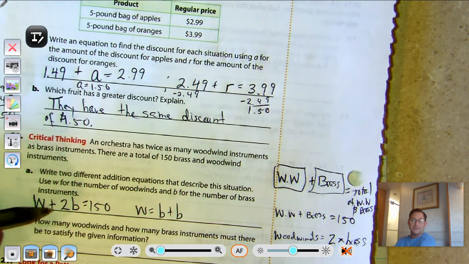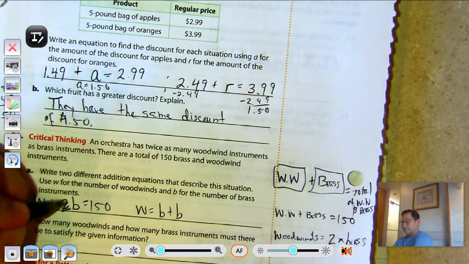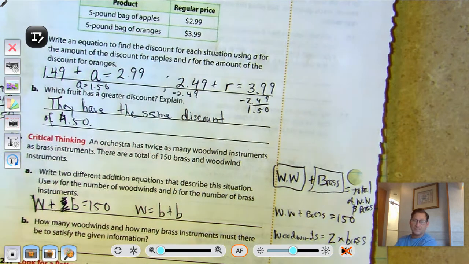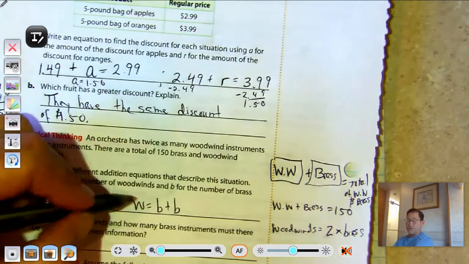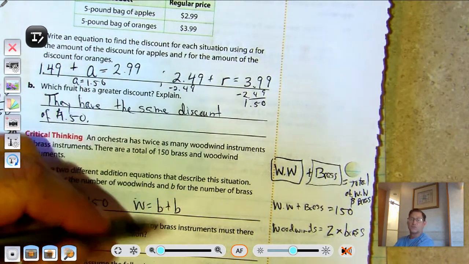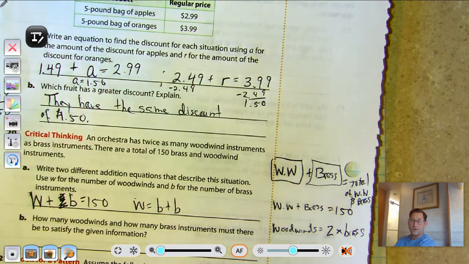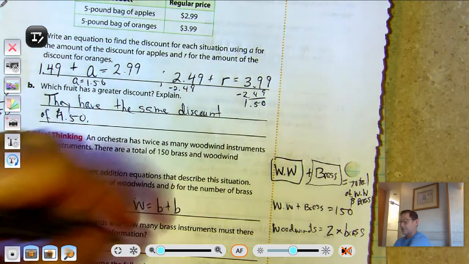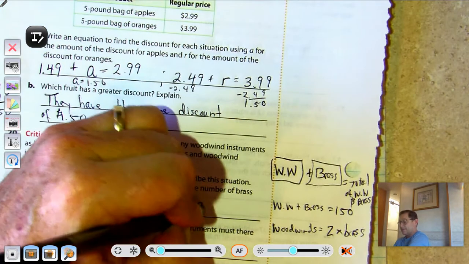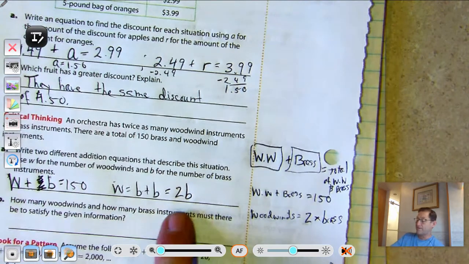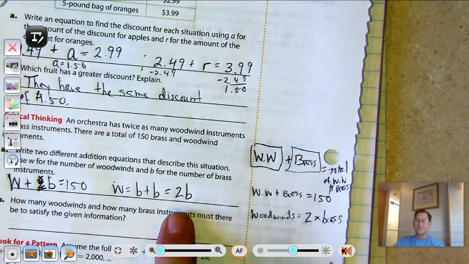Woodwinds plus brass is 150. W is twice as many as brass, so we can rewrite that as 2 times B. So whatever the amount of the brass is, let's say it's 5, the woodwinds would be 10, because we'd have to go 2 times 5.